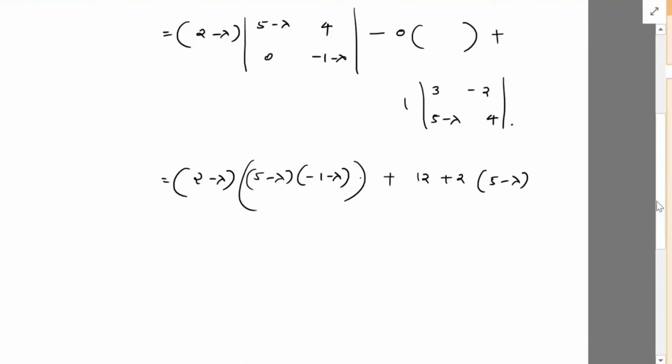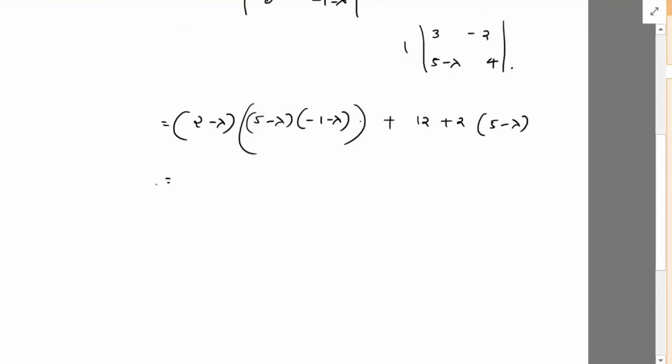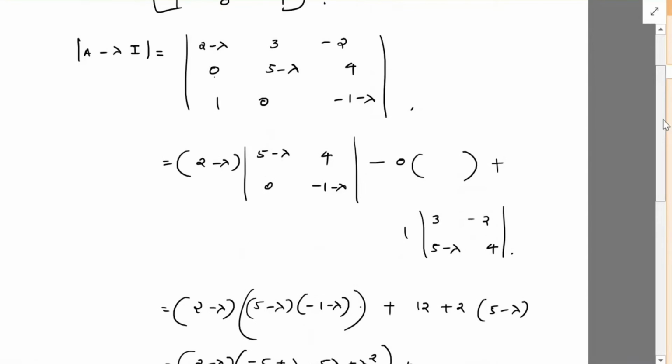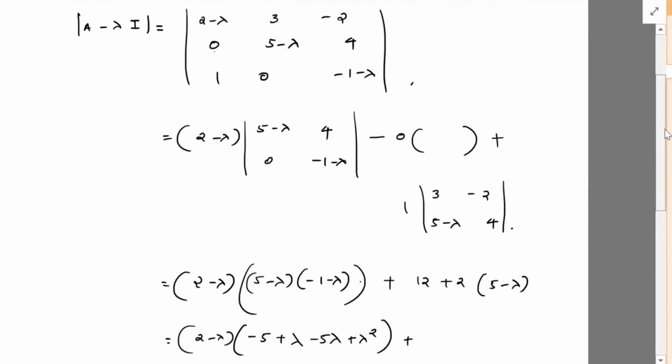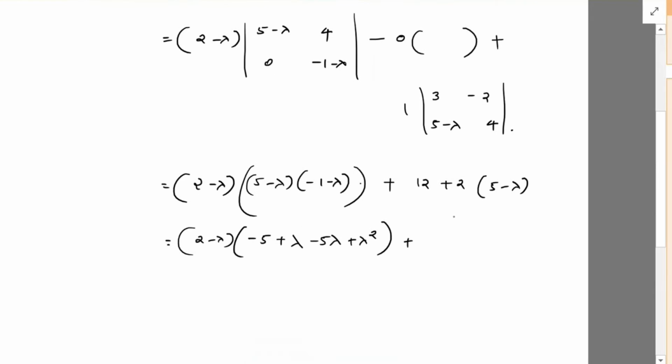So by expanding we will get 2 minus lambda into 5 minus lambda into minus 1 minus lambda, which will be minus 5 plus lambda minus 5 lambda plus lambda square, plus 12 plus 10 minus 2 lambda.